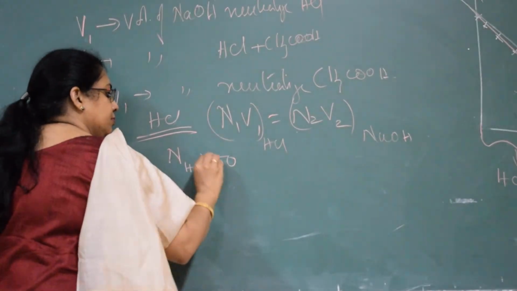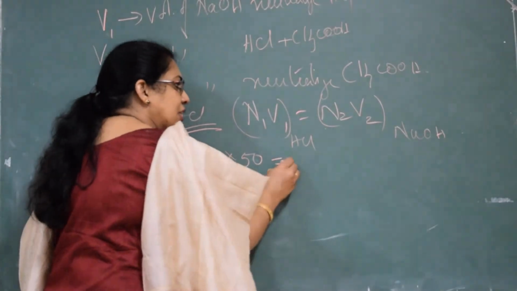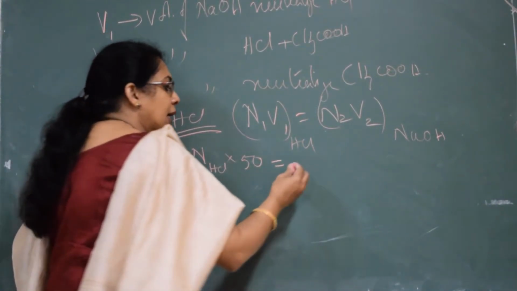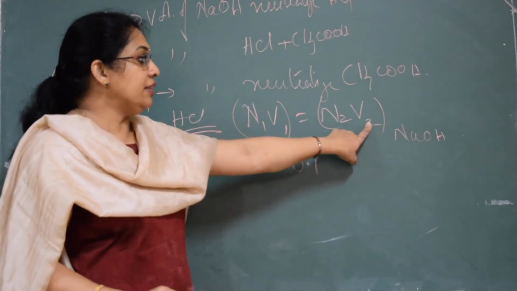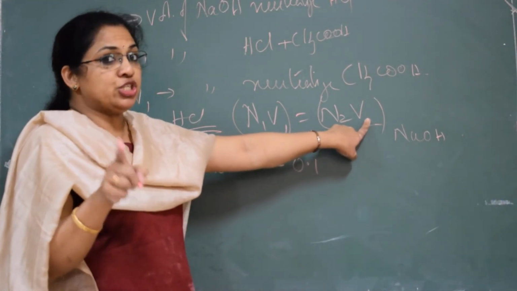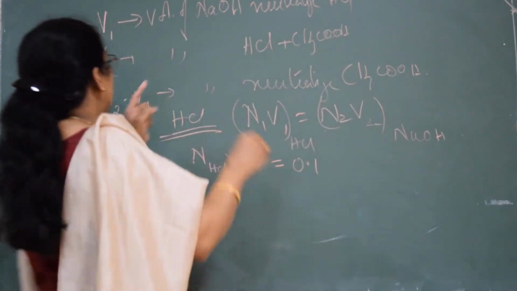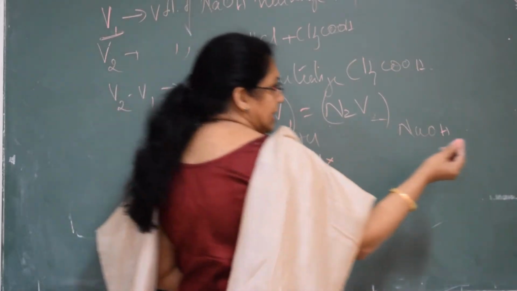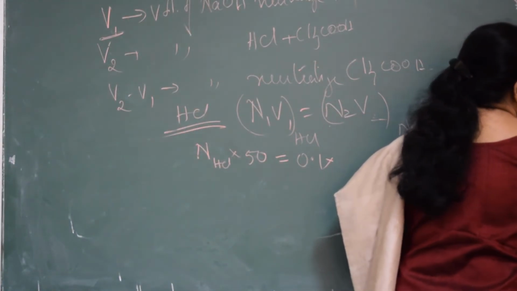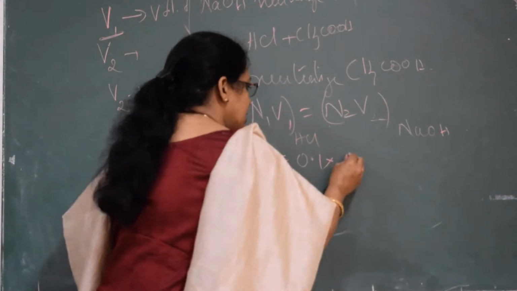This is equal to the normality of NaOH, which will be given to you, let it be 0.1, times V2. What is V2 here? V2 is nothing but the volume of NaOH required to neutralize HCl, which is the same as the first V1 here. Maybe it is around 3 and the second may be around 5. So take it as 3.